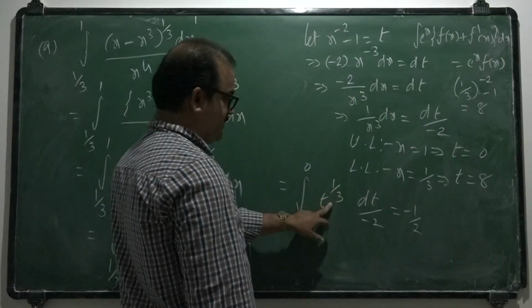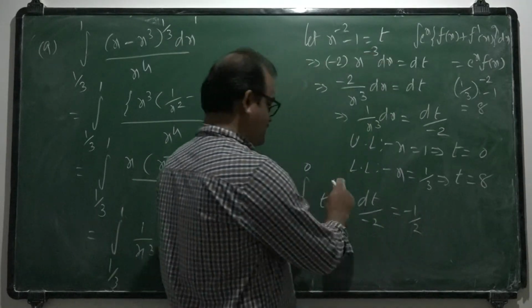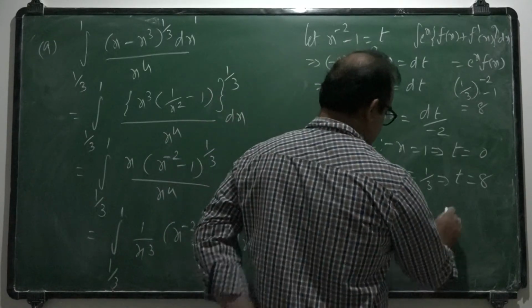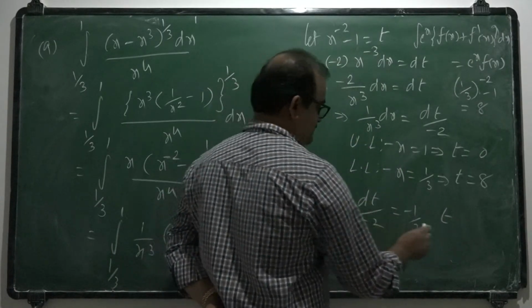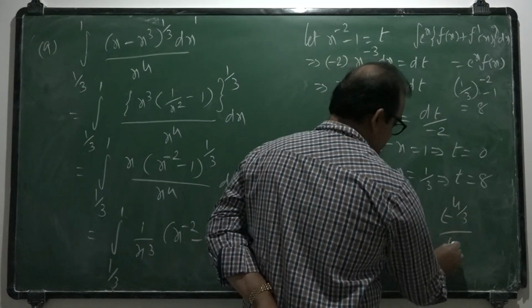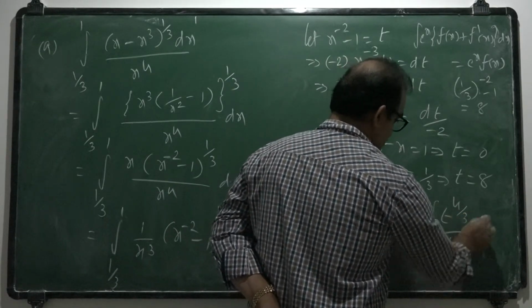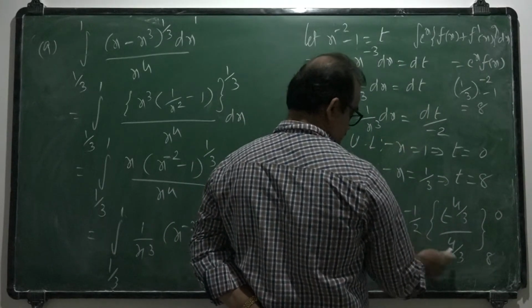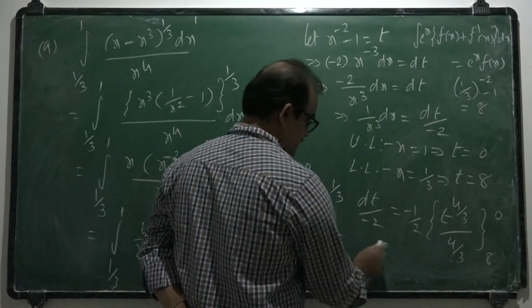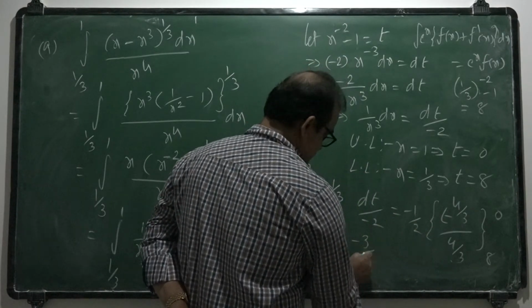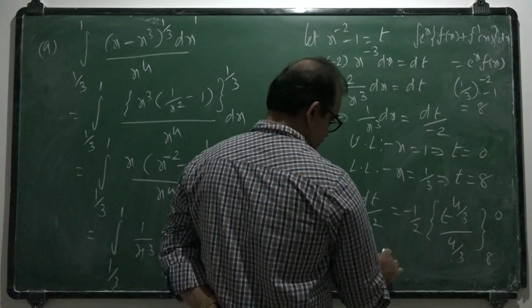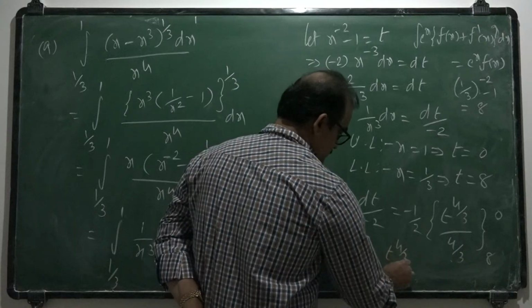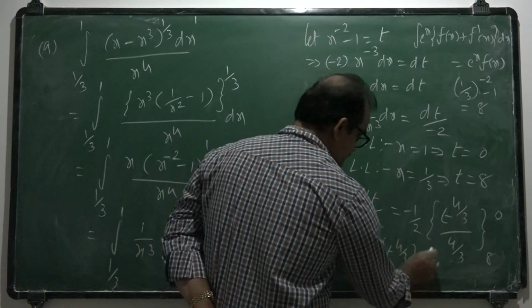Integral t power 1 by 3, that is in the form of integral x power n, that is x power n plus 1 by n plus 1. t to the power of 1 by 3 plus 1, 4 by 3, by 4 by 3, between the limits 8 to 0. 3 goes to numerator, so we get minus 3 by 8 into t to the power of 4 by 3, between the limits 8 to 0.